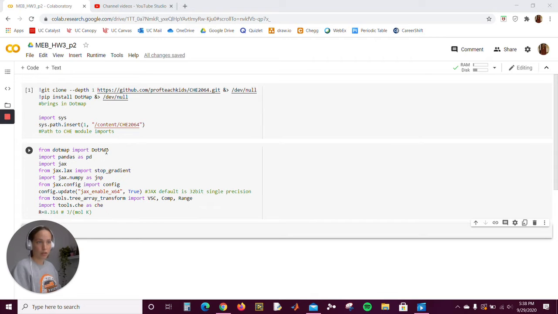All of these imports include JAX, which does automatic derivatives, dot map, which stores values, pandas, which does data arrays, and then more of Ko's code down here like VSC and range, which is the compound element information that I'll further discuss, and also a minimize function that we're going to use to find our values.